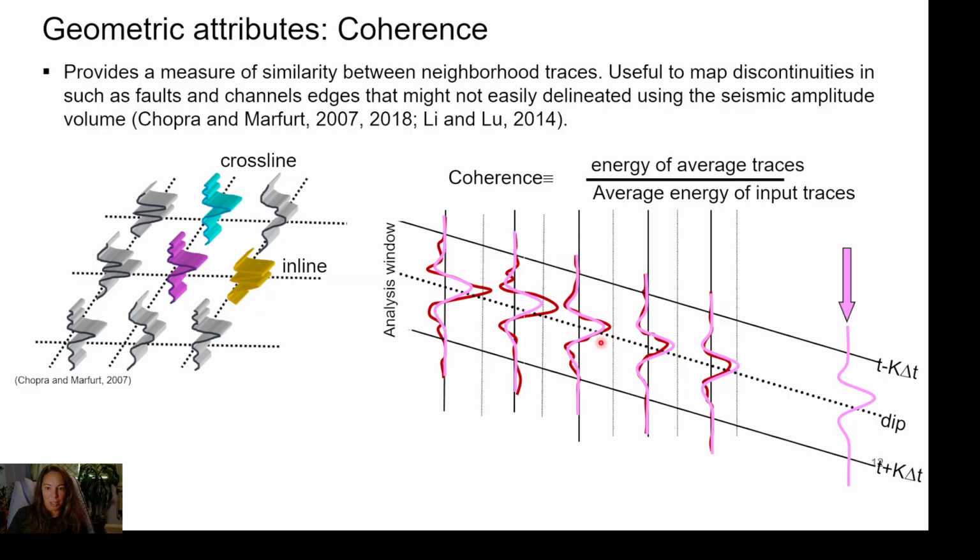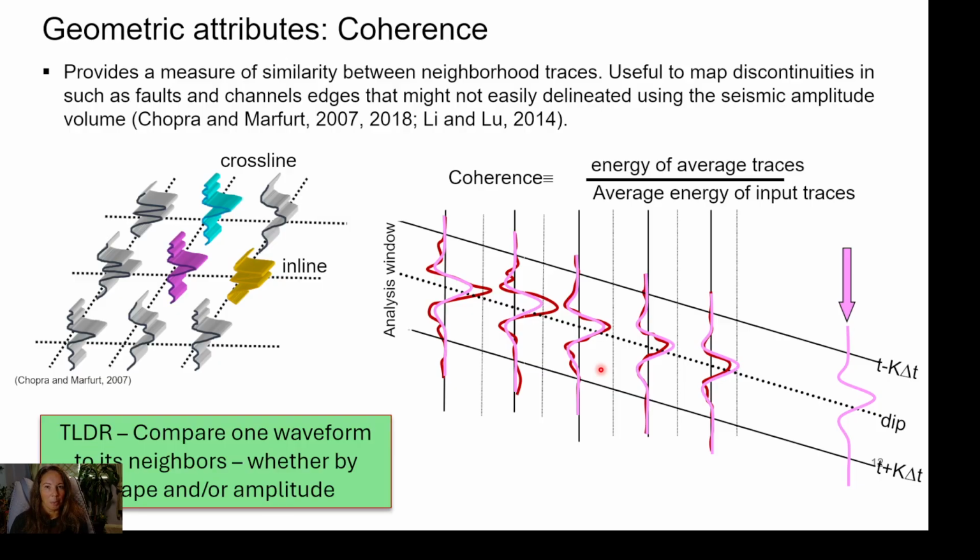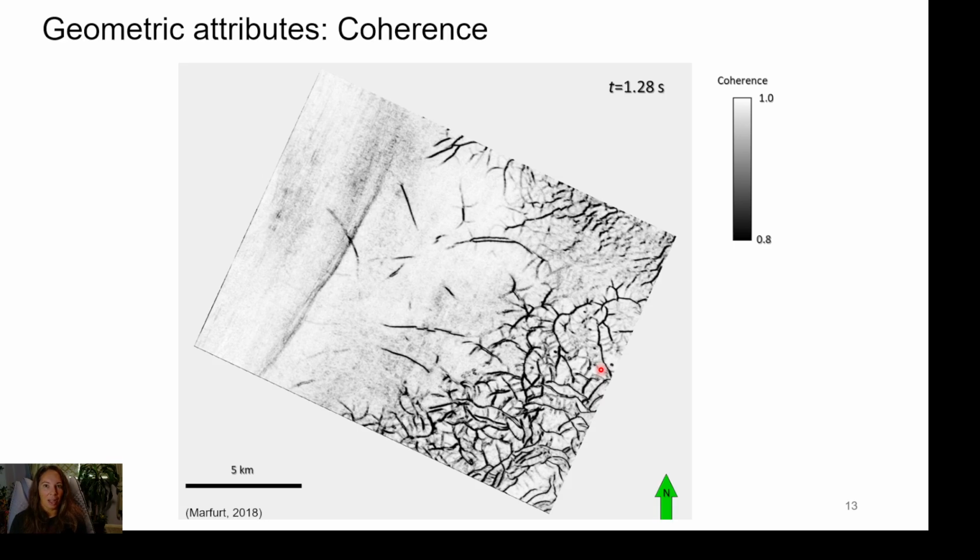So that would be the red ones. All right. But the whole point is just to compare one waveform to its neighbors, whether you're doing it by shape and or amplitude, and that gives you edge detection.